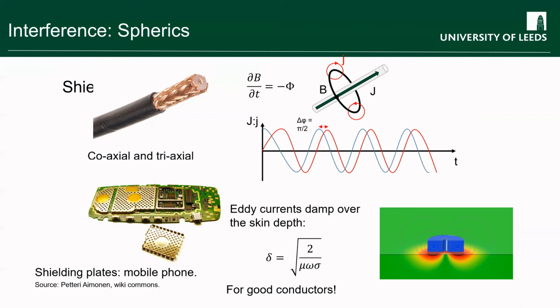Often what we do with an experiment, if we're really worried about the noise, is we do it in a screened room. In other words, you have effectively a portacabin comprised of several layers of good electrical conductor, so copper sheeting, and you make sure that the door is connected to that electrical circuit.